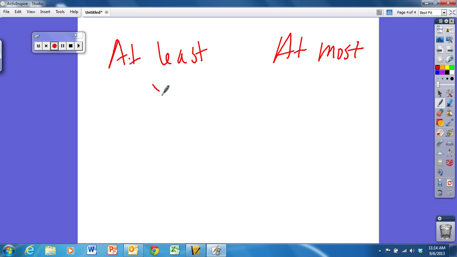No, you'd have to get paid greater than or equal to $10. So if you see at least in a word problem, greater than or equal to is the symbol you're going to use. If I say you're going to get at most 5 hours of homework, at most, can you get any more than 5 hours? No, you're going to get less than or equal to 5 hours. So at least is greater than or equal to, at most is less than or equal to.